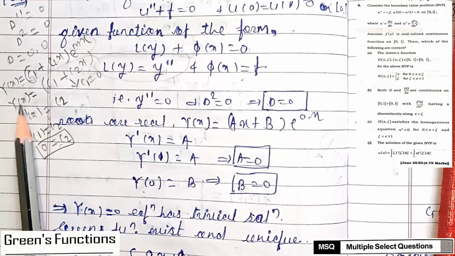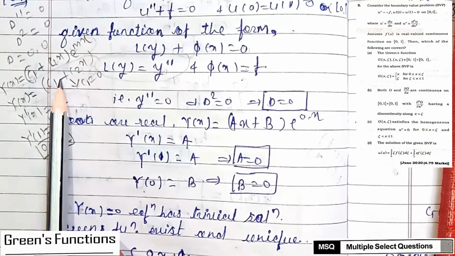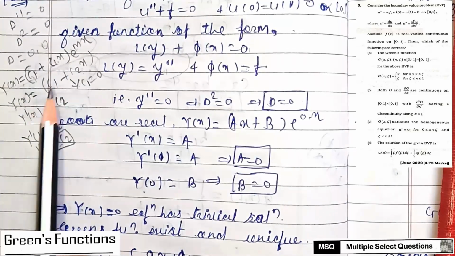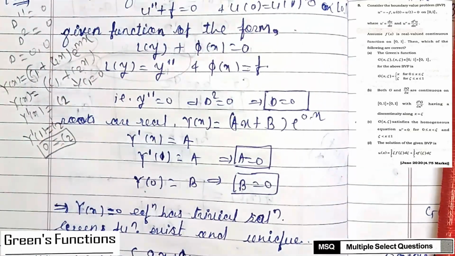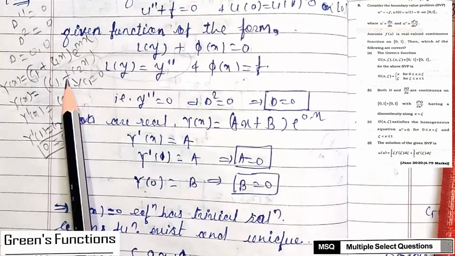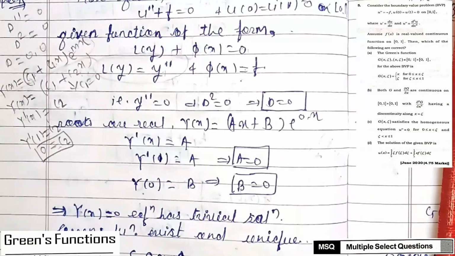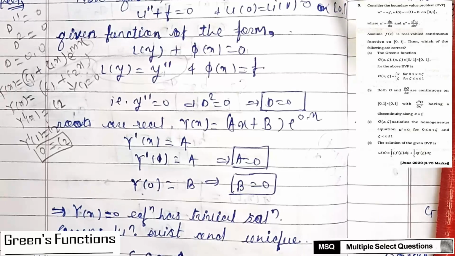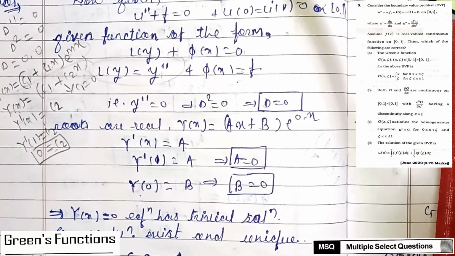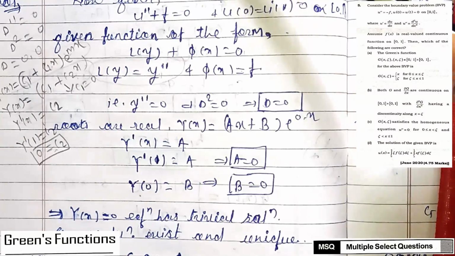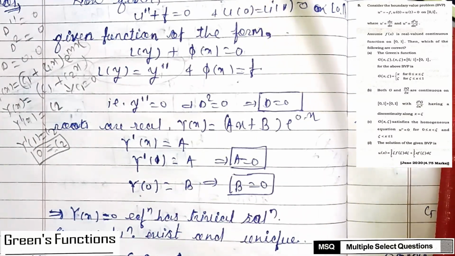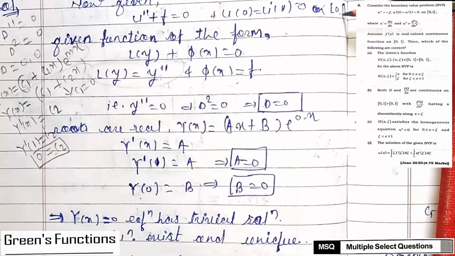So find the Green's function g of x, t, like a1 plus a2x or a1x plus a2, whichever you feel better. You have to take the limit from 0 to 1, because we have boundary conditions y of 0 equal to 0 and y dash of 1 equal to 0, on the closed interval 0 to 1.